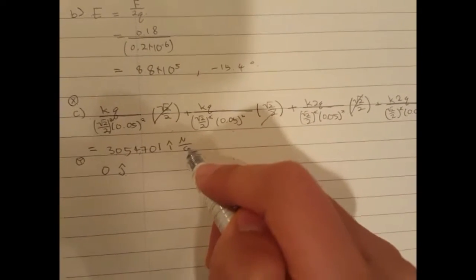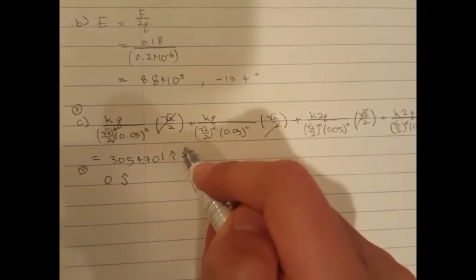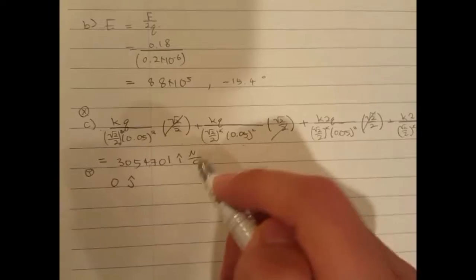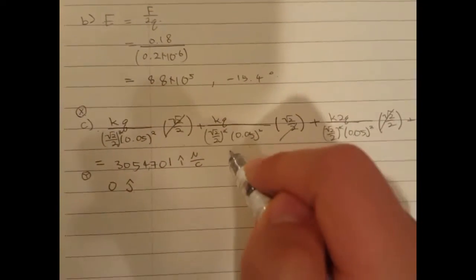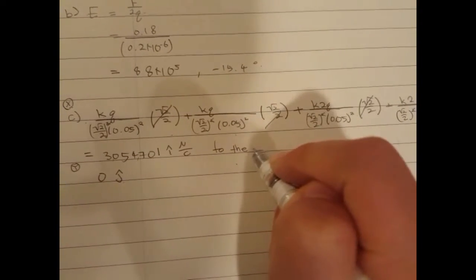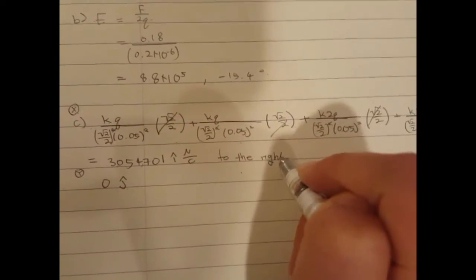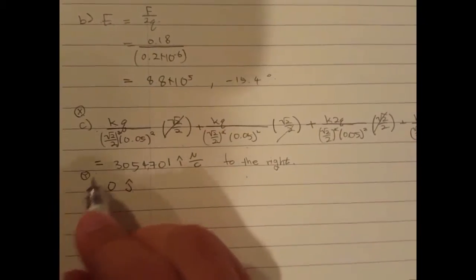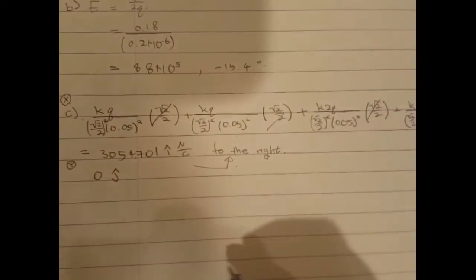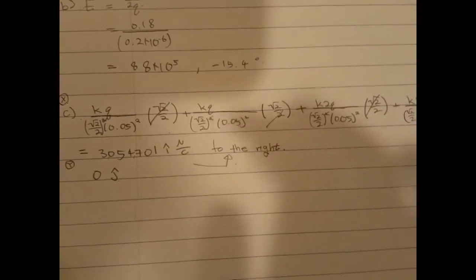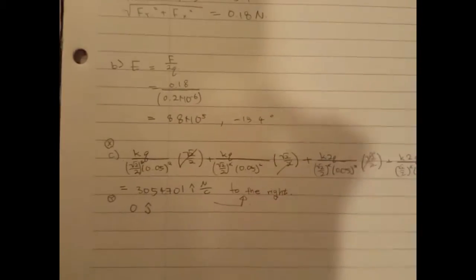It's important that the units are newtons per coulomb, and it's only going to be in the x direction, to the right. Y is going to be 0, and that's why we get this. And that is how you do number 12.